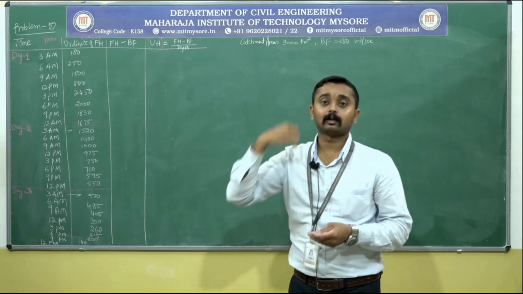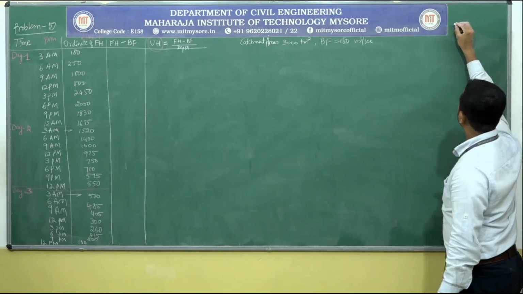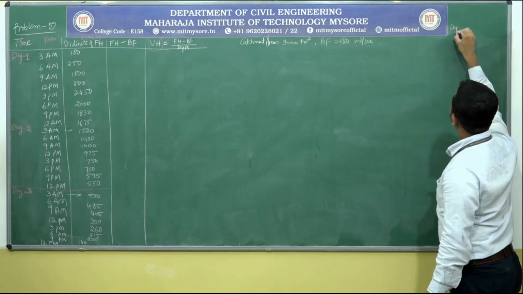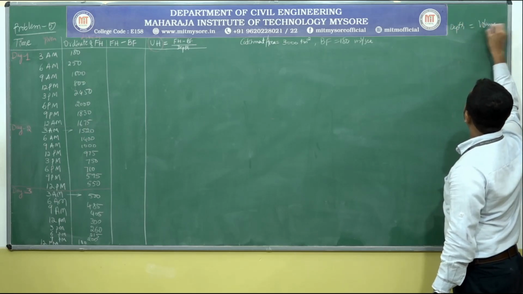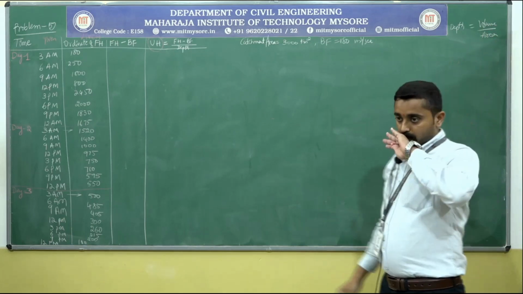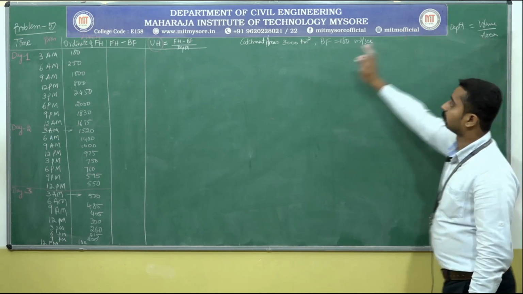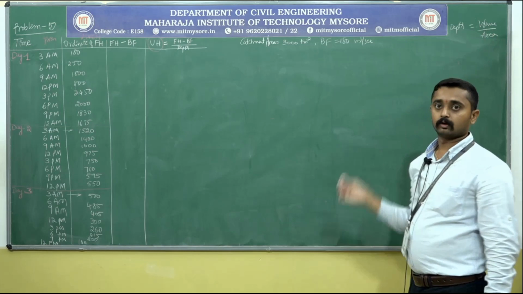To calculate the runoff depth, this is the basic formula: runoff depth is equal to volume divided by area. Here we know the area, 3000 kilometer square, but we don't know the volume.